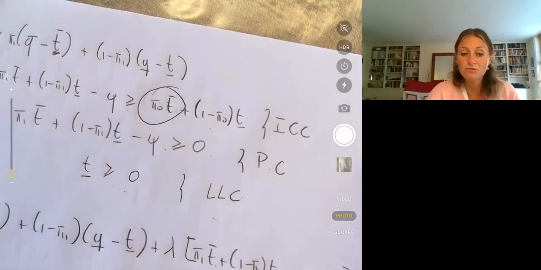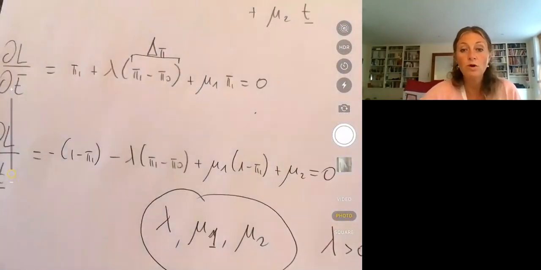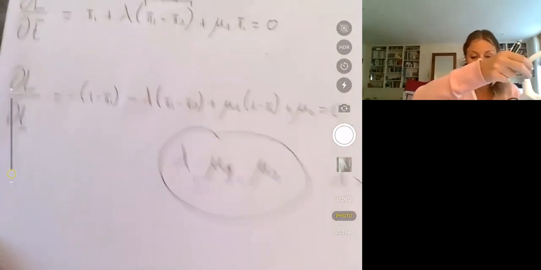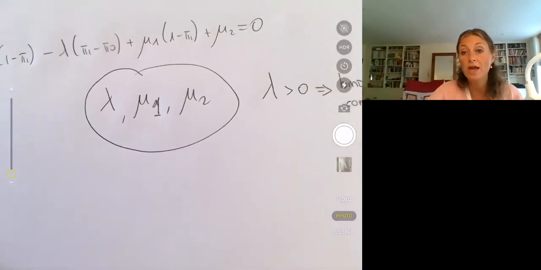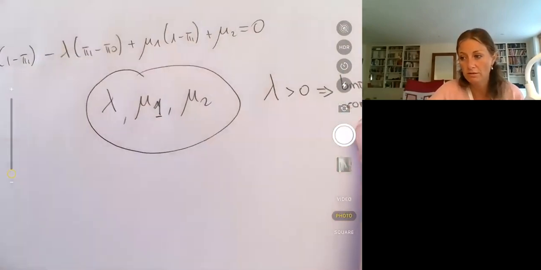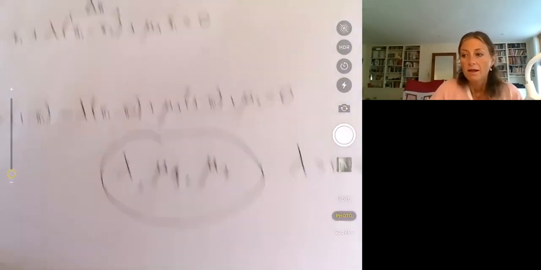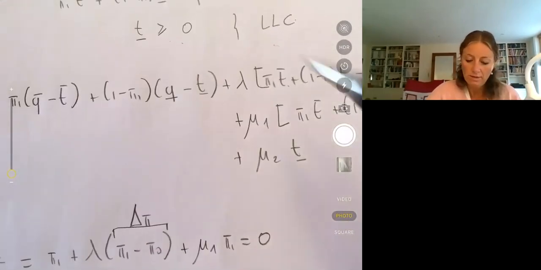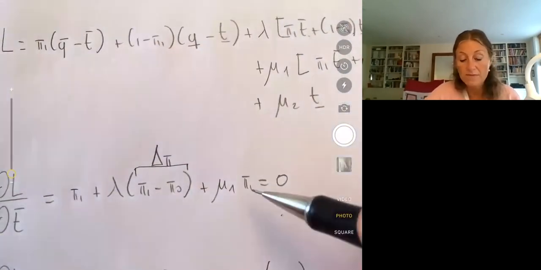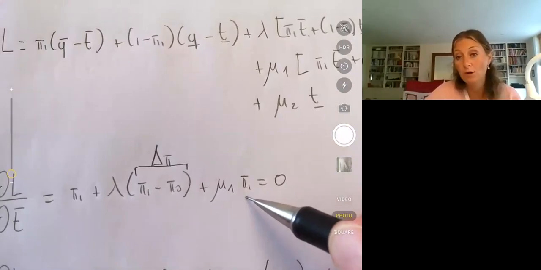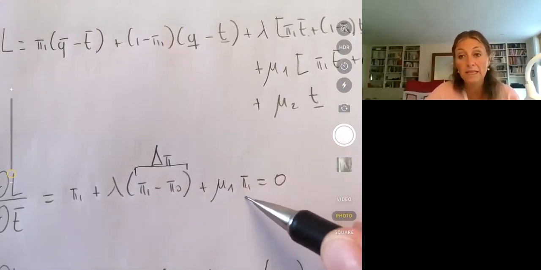So if this is the case, we now go and see the value of the two multipliers when we use the first order condition. So if we assume that the participation constraint is actually redundant, the corresponding multiplier will be equal to 0, because if the constraint is not binding, the multiplier is equal to 0.